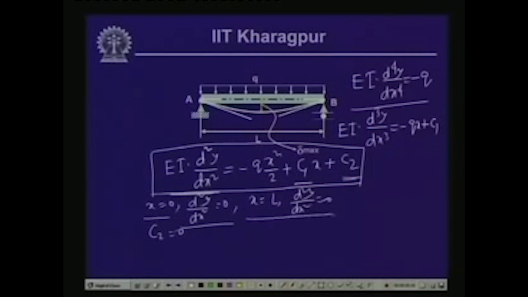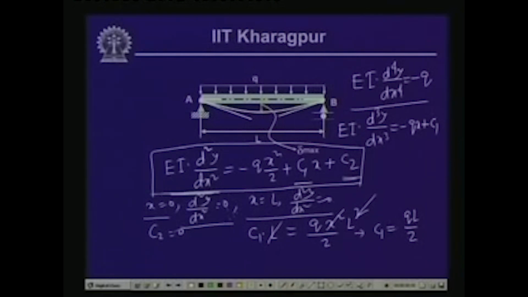If we substitute that at x equals L, d2y dx2 equals 0, we get C1 into L equals q x square by 2, and x is L, so this is L square by 2. So, L gets cancelled. This gives us that C1 equals QL by 2.